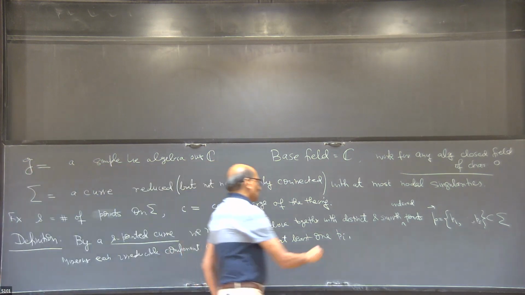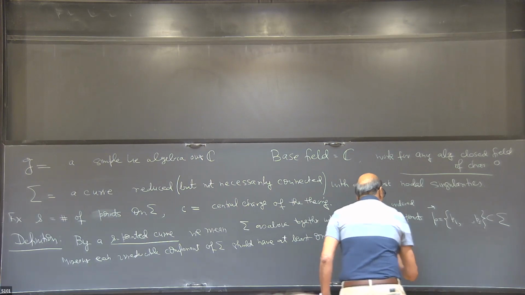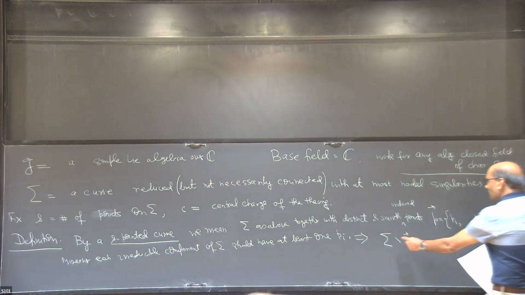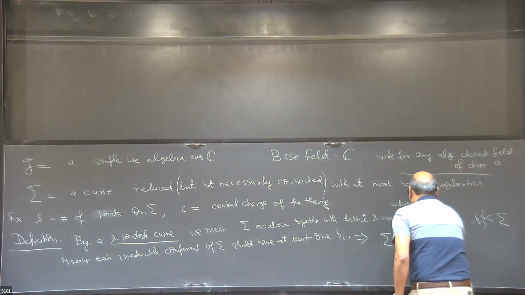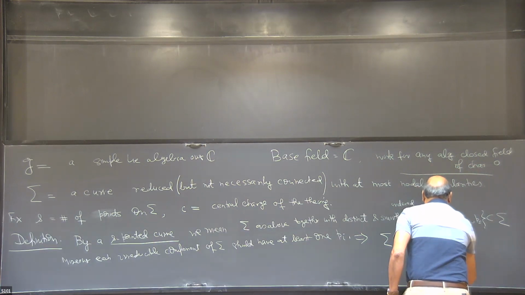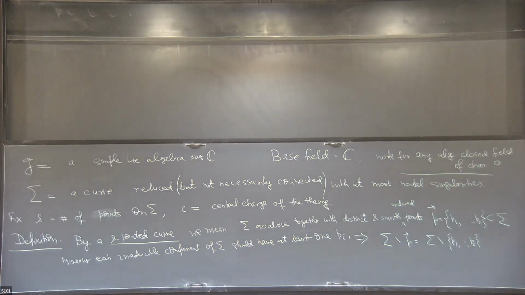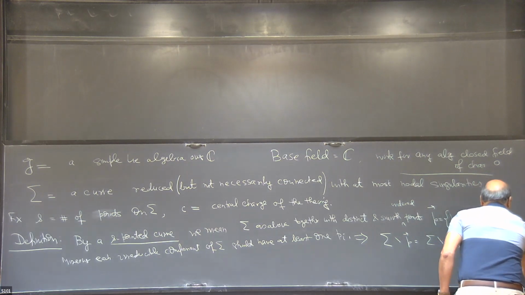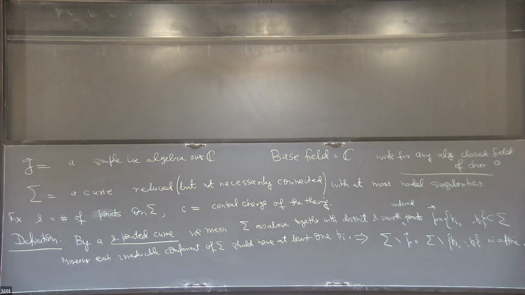And this will ensure that sigma minus P, a little bit of abuse of notation, since even though it's an ordered set, I just mean sigma minus P1 through PS, is affine. We will see why we need this assumption, because I need a good supply of functions on that. It will become clear in a few minutes.